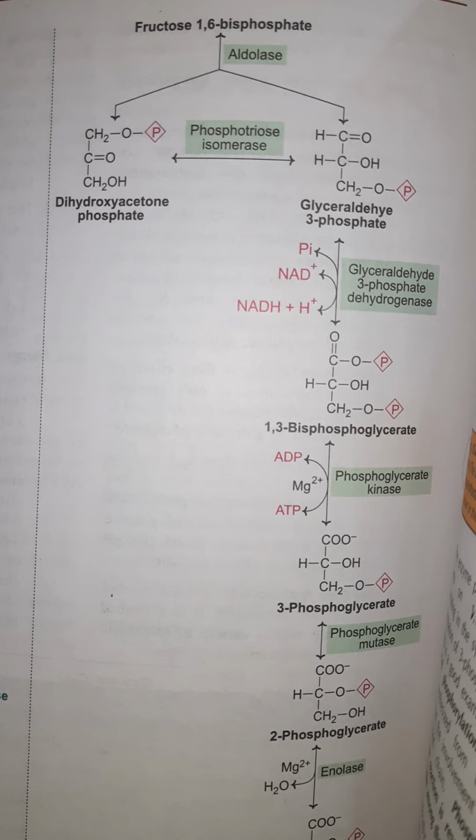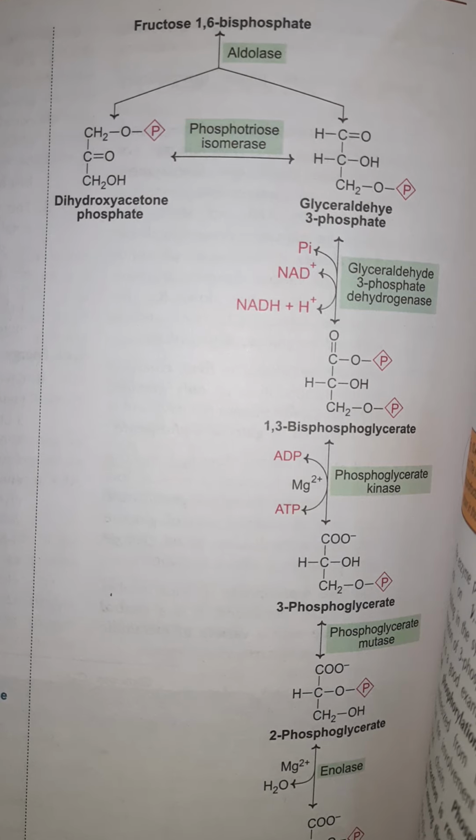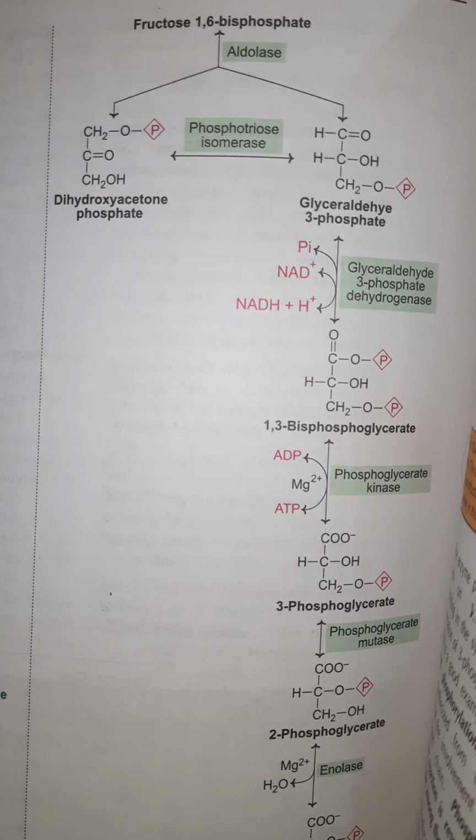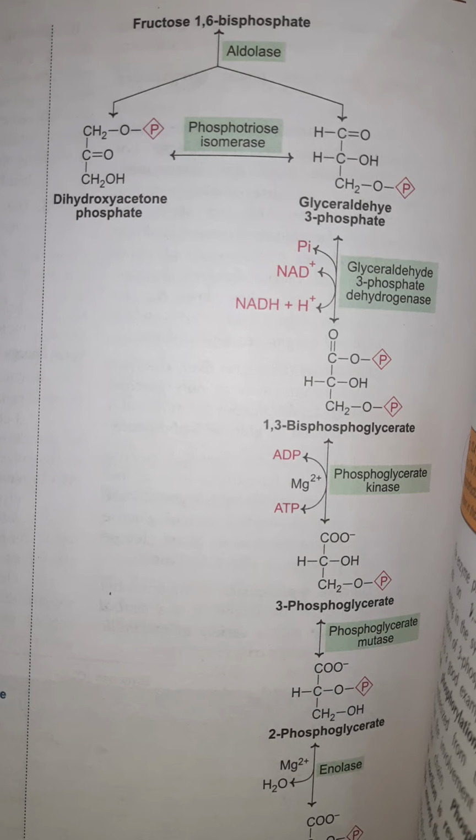In the next step, 2-phosphoglycerate is converted to 2-phosphoenol pyruvate in the presence of the enzyme enolase and also in the presence of magnesium ion.